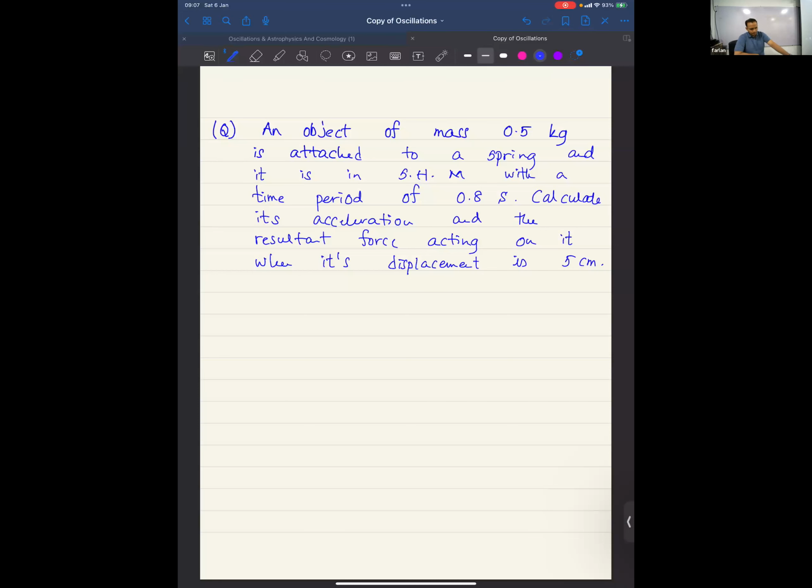Calculate its acceleration and the resultant force acting on it when its displacement is 5 centimeters.